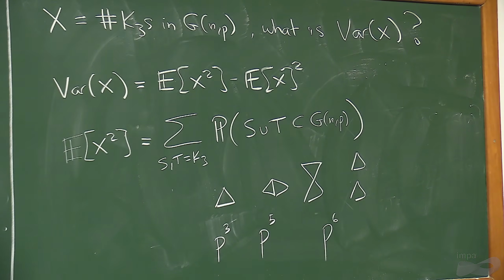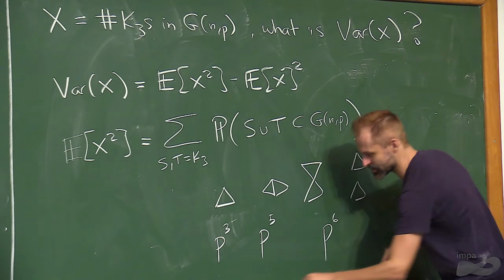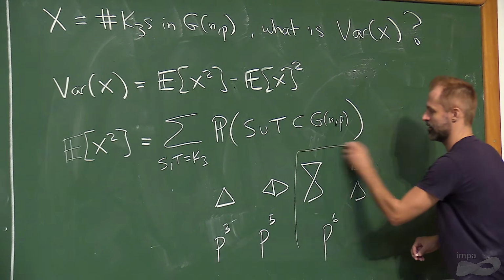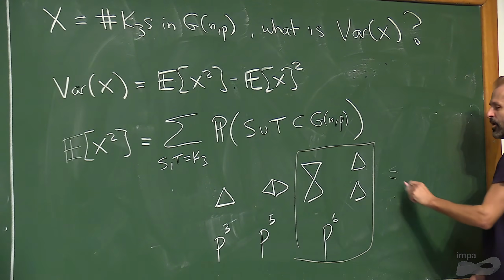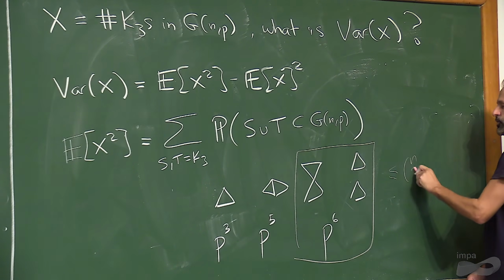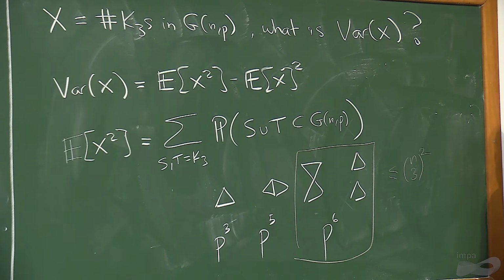So we just need to count how many there are of each possibility. And the nice thing about this last one is the number of choices is at most n choose 3 for the first triangle and n choose 3 for the second. So what do we get?